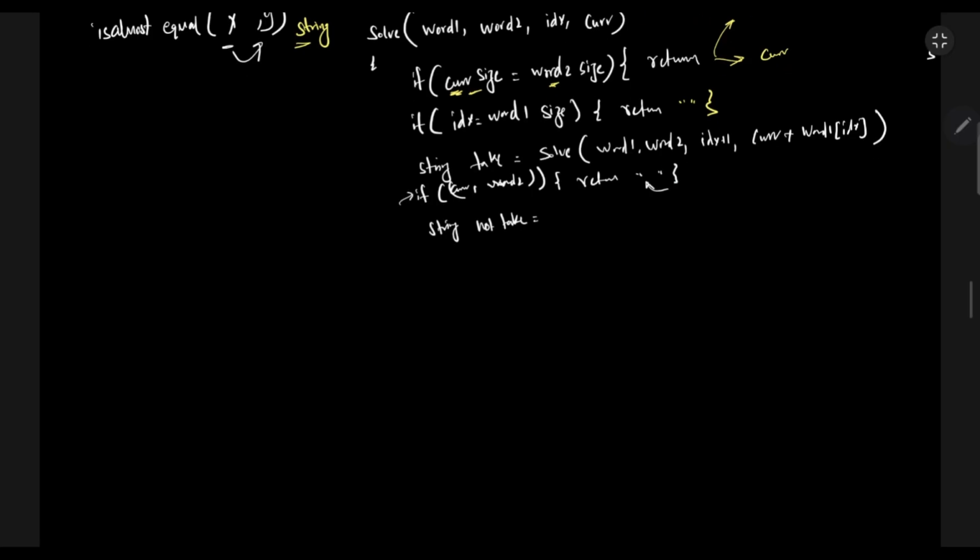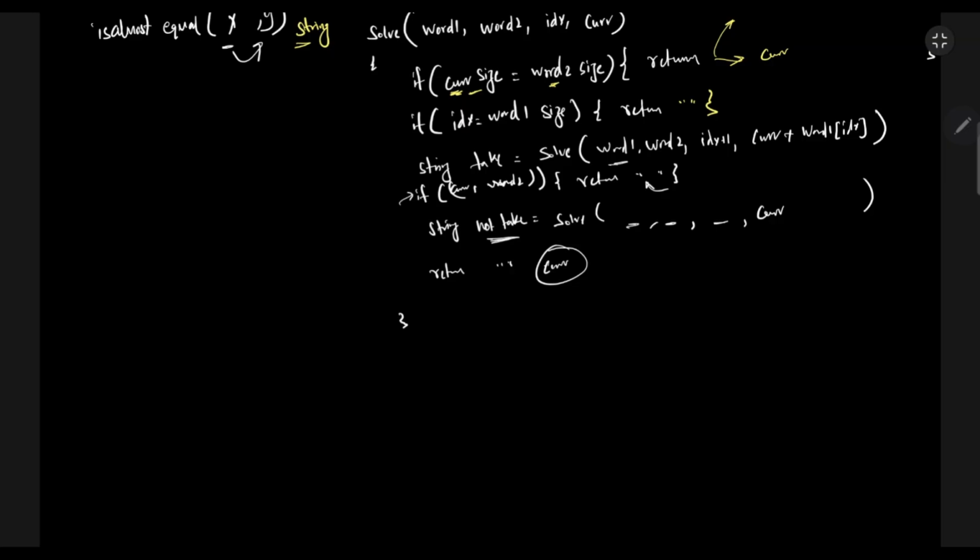Otherwise we'll go for the not take case, and here we also do the same thing, except here word1, word2, index plus 1, except here we'll just pass the current since we are not taking that one, and we will return the empty string if not take is not almost equal to word2. Otherwise we will return the sequence or the current thing. All right.